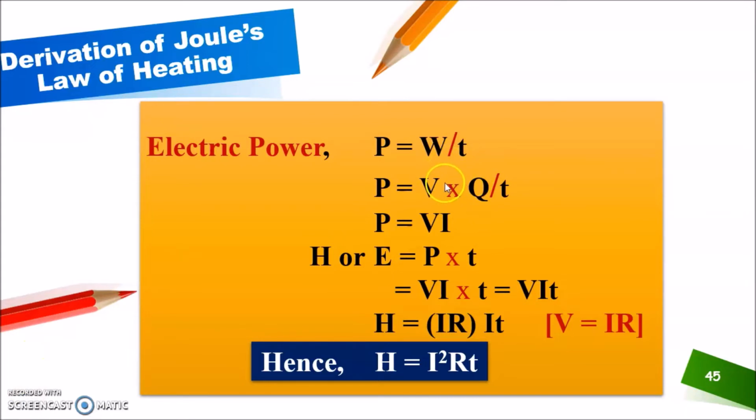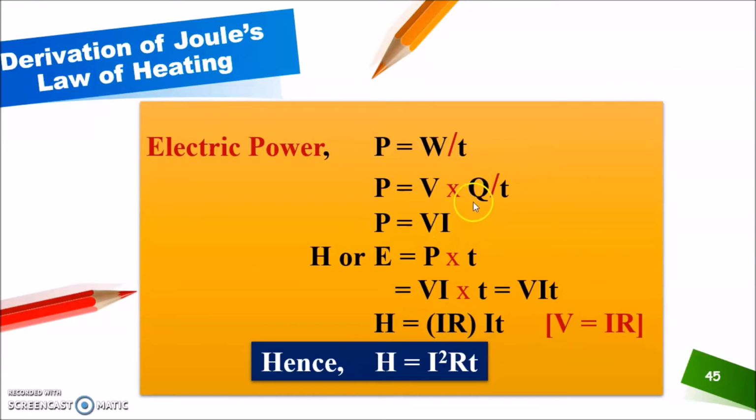We know the formula of potential, that is V equal to W by Q. From there we get the value of W, that is V into Q. Putting this value of W in the power equation, we get VQ by T, and we know that Q by T is the formula of electric current.